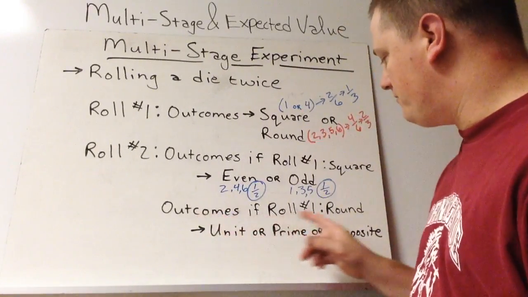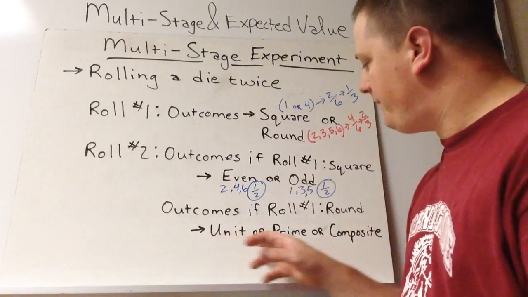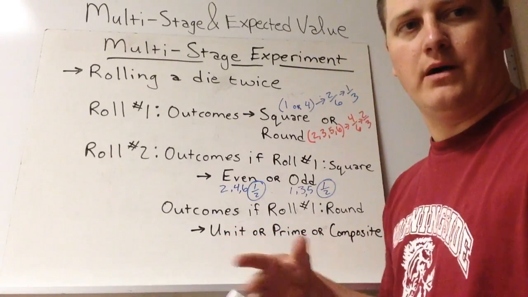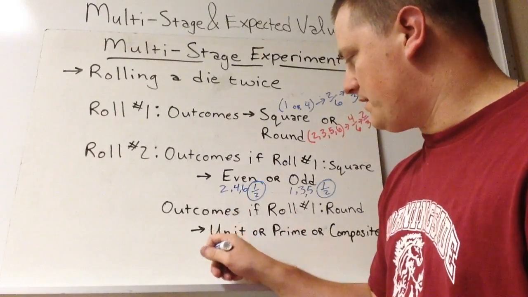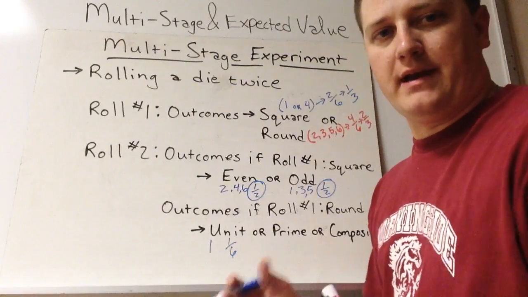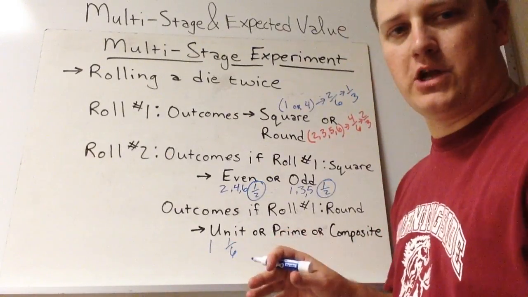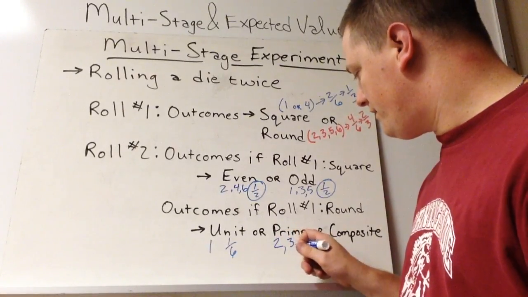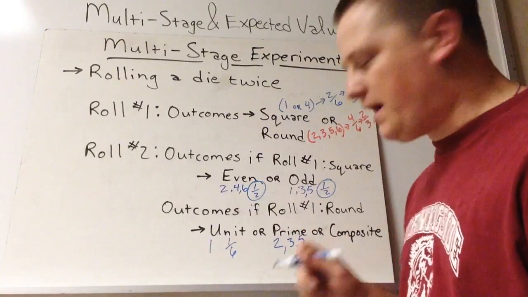If our outcome was rounded the first time, then we have 3 things to look at here. One is a unit. Well, a unit is just one number. It's 1. So there's a probability of 1 out of 6 for that. Prime, we're looking at prime numbers. We have 2, 3, and 5, which are prime numbers.